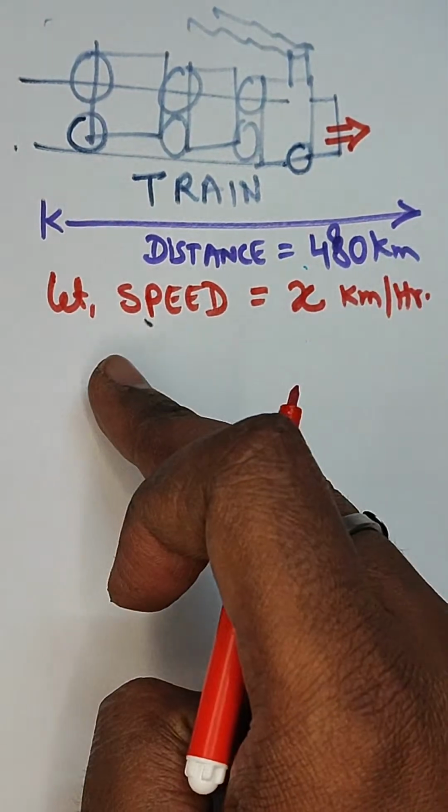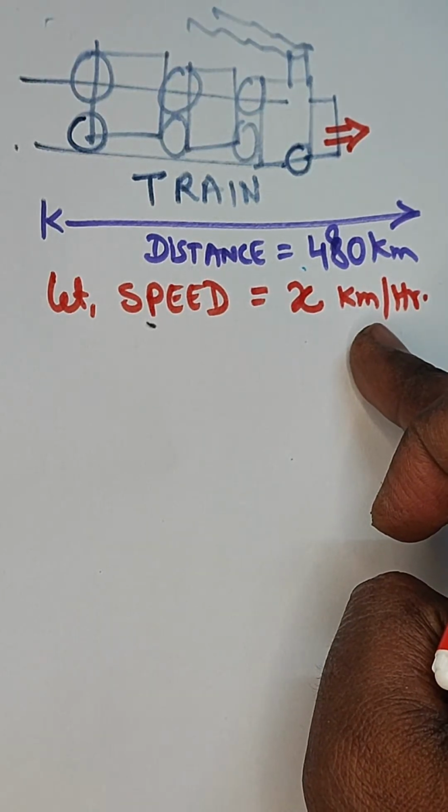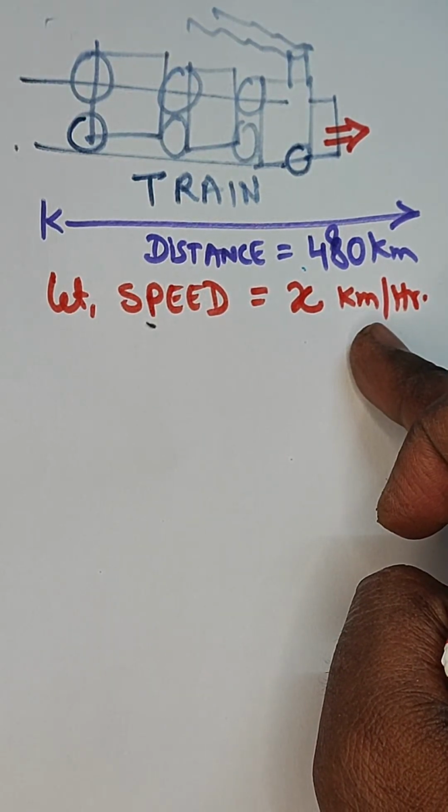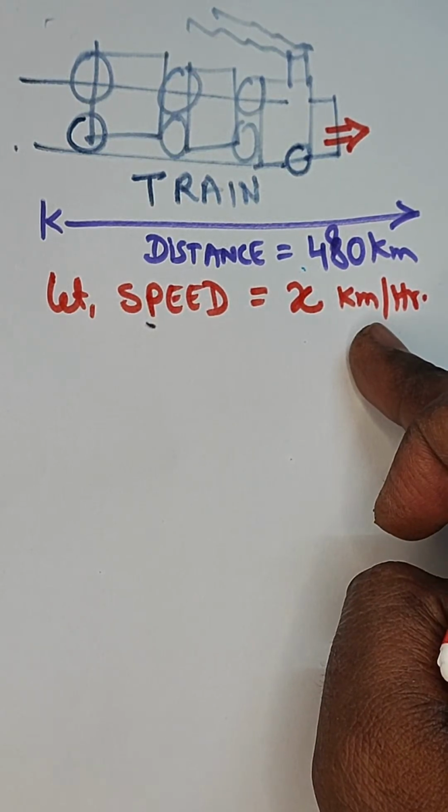If you have assumed the speed of that train as x kilometers per hour, now it has been given that if the speed had been 8 kilometers per hour less, right?